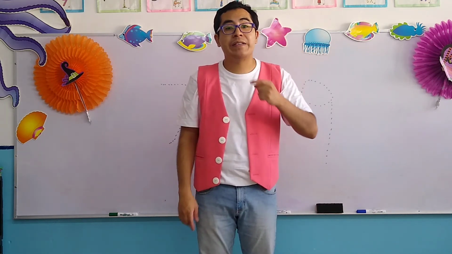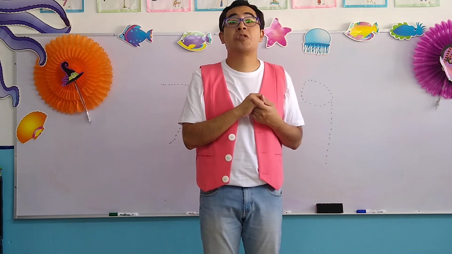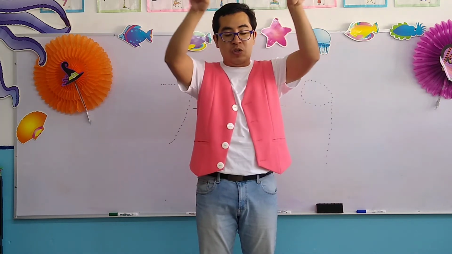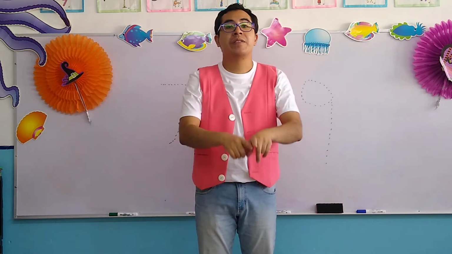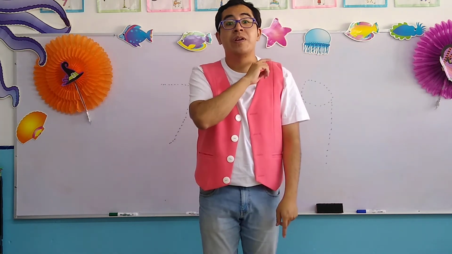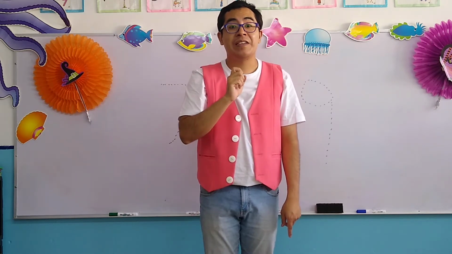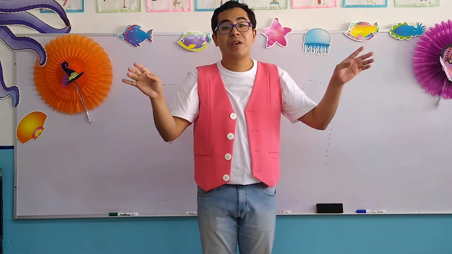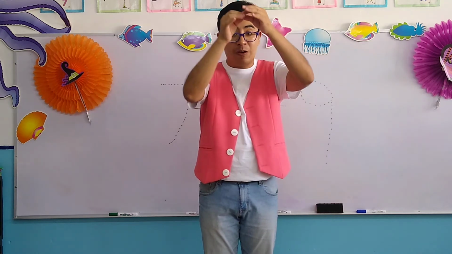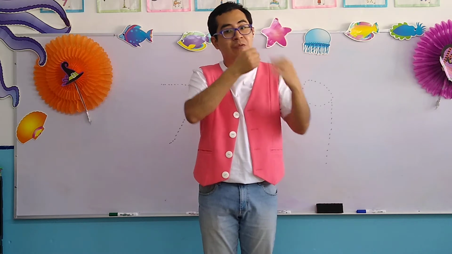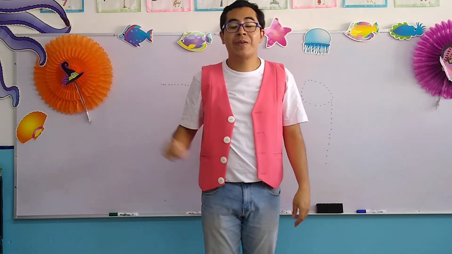The number 8, remember, is the number that looks like Olaf. Remember, Olaf is a snowman, 2 circles, one up and one down. And the last number, number 9, which is the balloon. Don't forget, all balloons that are full of air contain a string, un hilo, so you can grab it, because if you don't grab it, bye-bye balloon, okay?